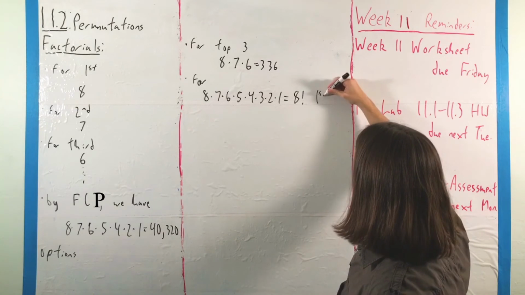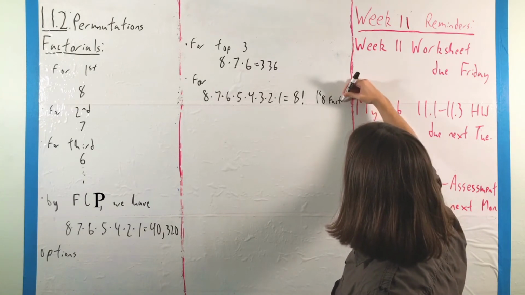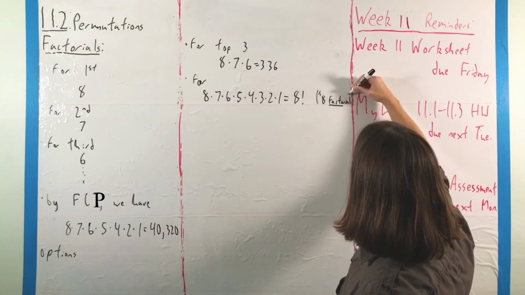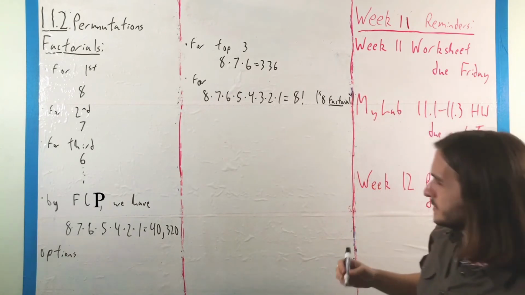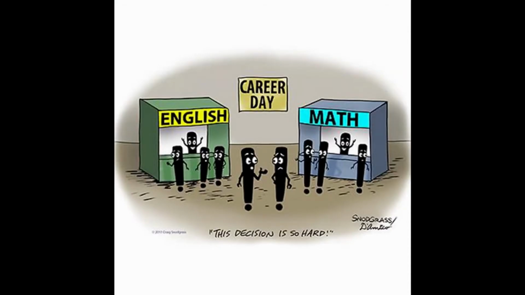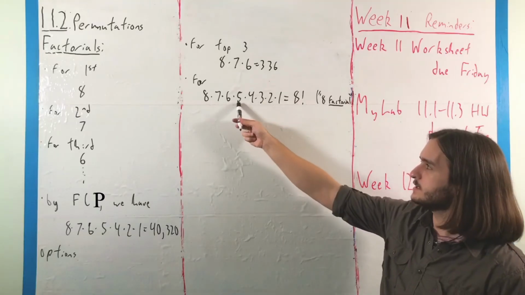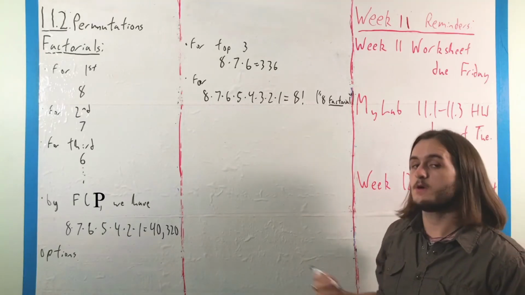So that's how this is read, as 8 factorial. It doesn't mean that the number 8 is very excited. It means that we take 8, multiply it by every single one of these natural numbers smaller than 8.